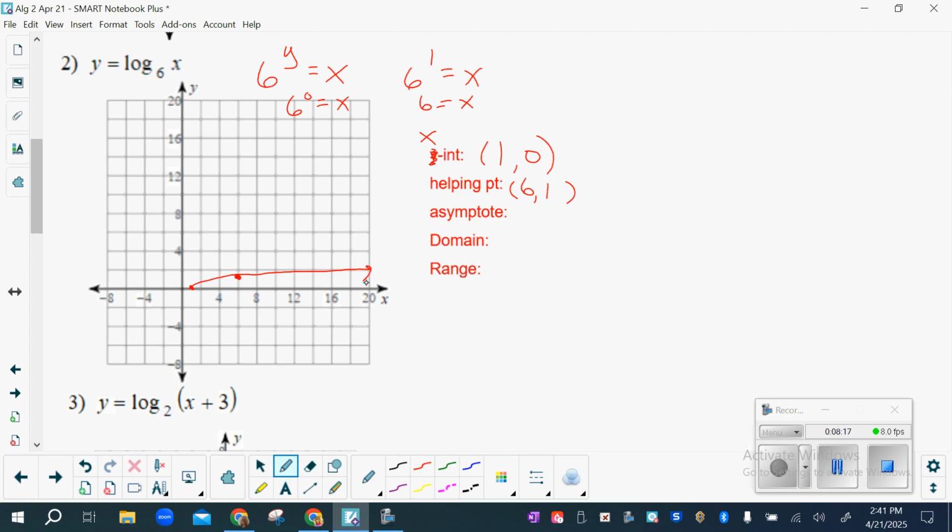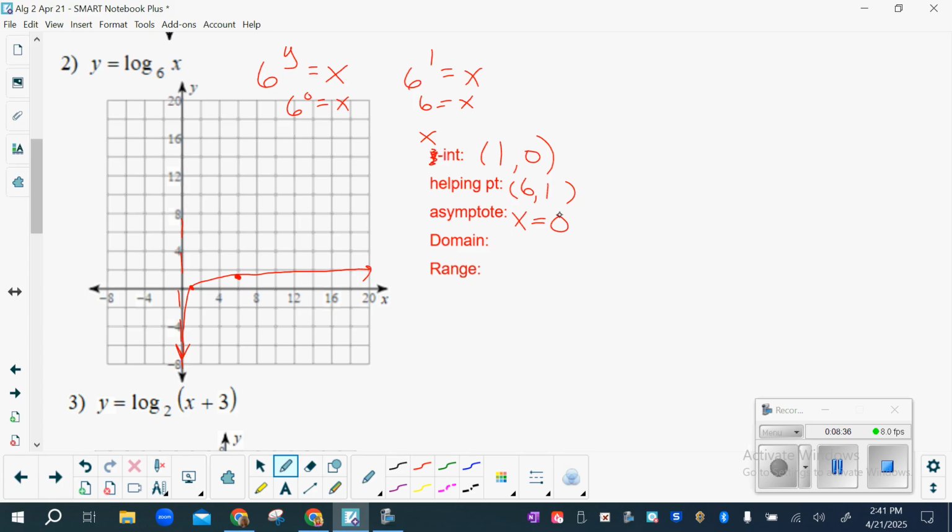So our asymptote then is going to be this line here, which has what equation? Let's go back here. What's the equation of that line, that asymptote? Good, x equals 0.